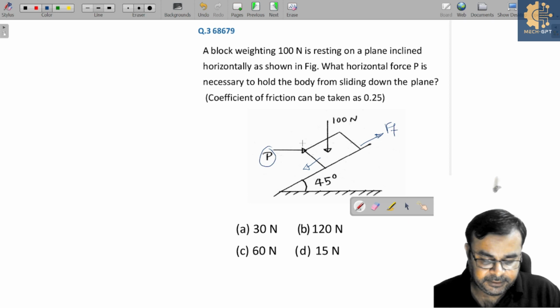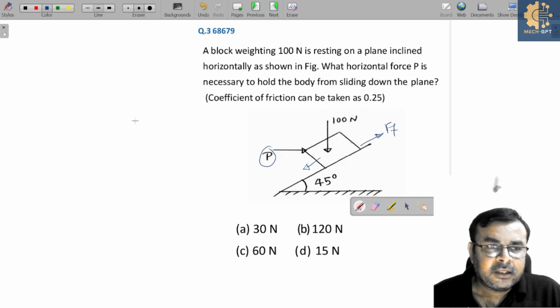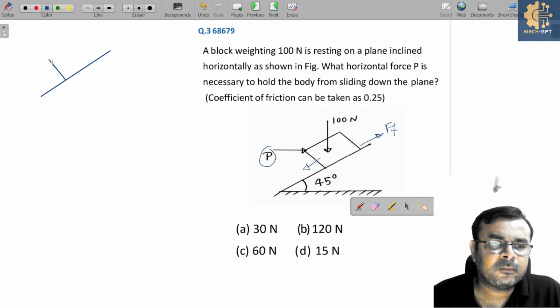So you can see here, if I draw its free body diagram, every time you need to draw a free body diagram. So this is a block which is resting on the inclined plane, yes or no?